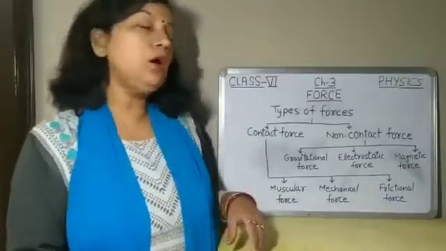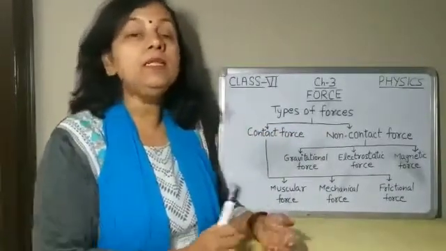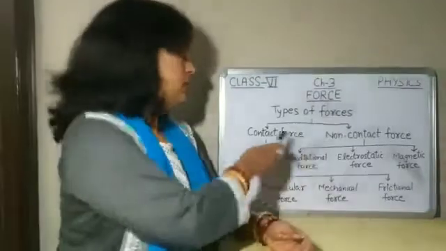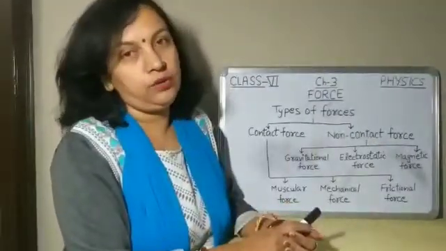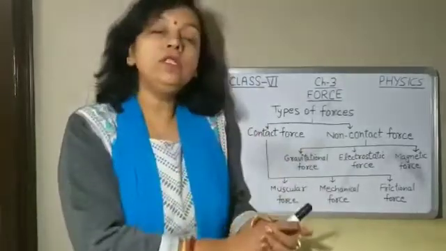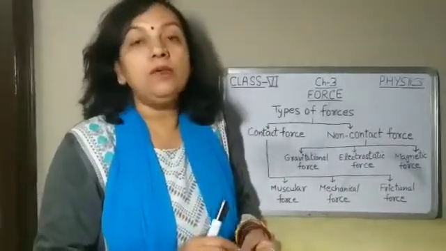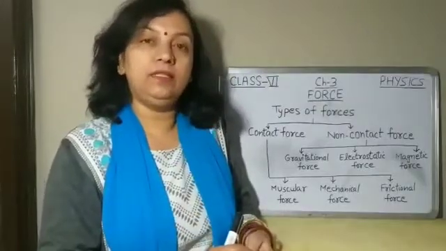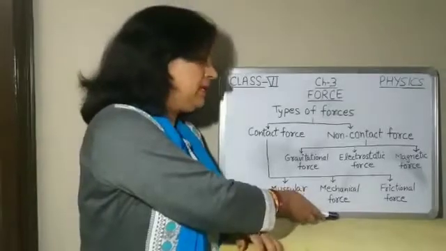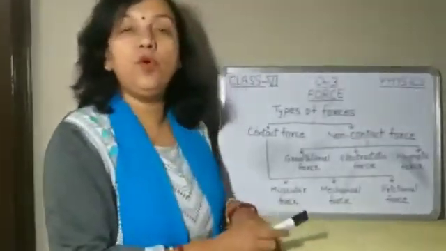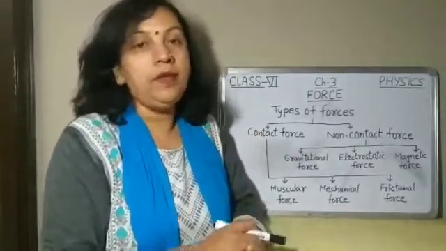Now we will talk about the types of forces. Basically there are two types of forces, contact force and non-contact force. Contact force is when the force acts on bodies which are in contact. For example, muscular force, mechanical force and frictional force are examples of contact force.